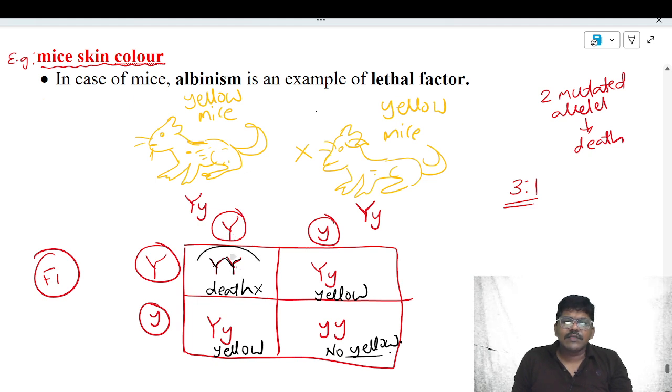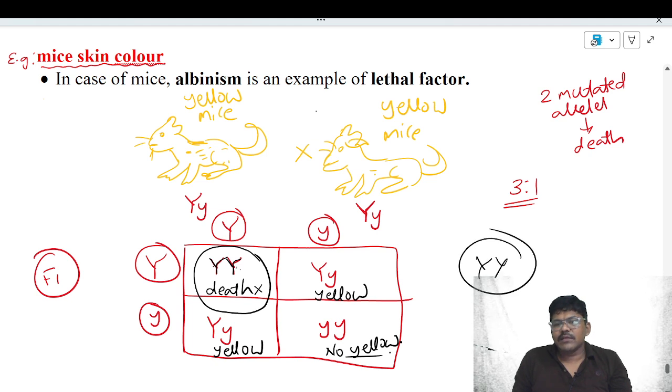All mice which contain two capital Y's, two dominant alleles or two mutated alleles, die. Hence, we cannot see the homozygous dominant for the yellow color. No homozygous dominant organism survives.